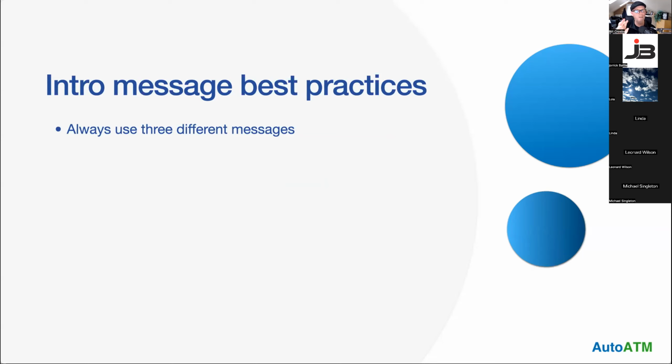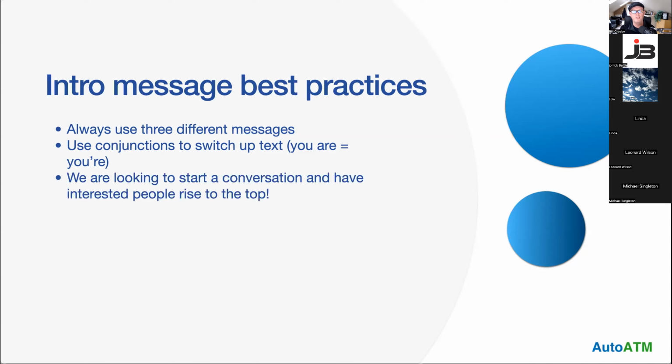Little changes, that's all that matters, but they have to be different. You can use conjunctions, by the way, to switch up text. So you can say, I saw that you are, or I saw that you're in, whatever it may be, into affiliate marketing. So feel free to use conjunctions. Those are fine for changing the messages a little bit.